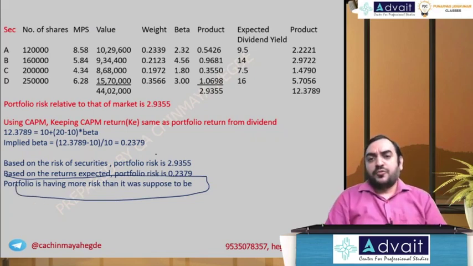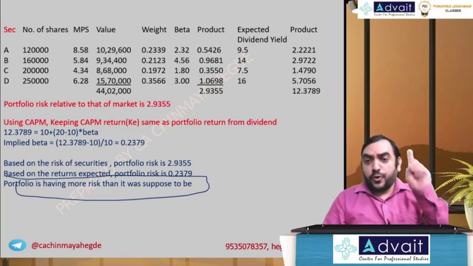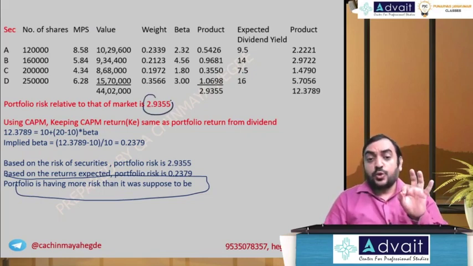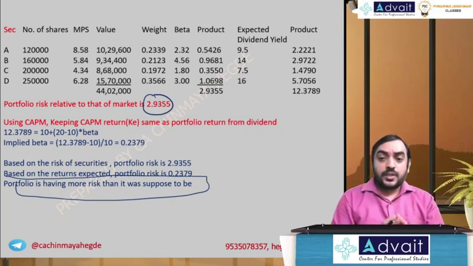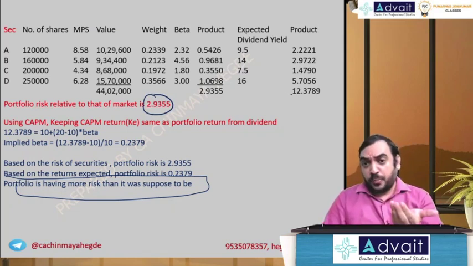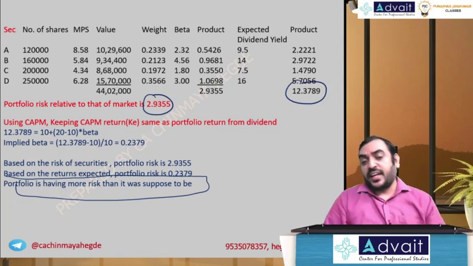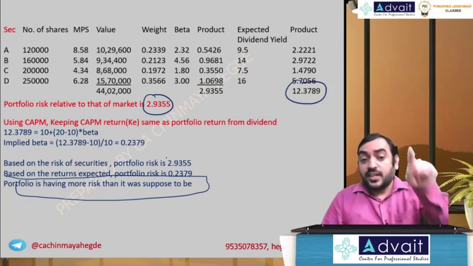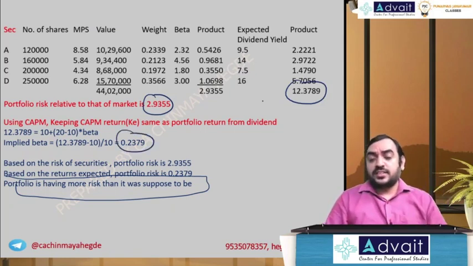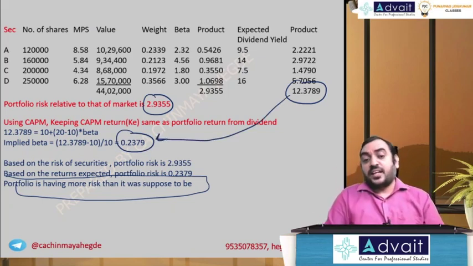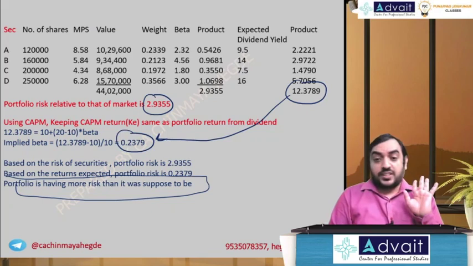Please focus. Let's see if you're able to understand. Portfolio beta, currently you're having 2.9355. But looking at the return you're supposed to get, 12.3789, you are supposed to take a risk of only 0.2379. To generate 12.3789, you should take only this much risk.